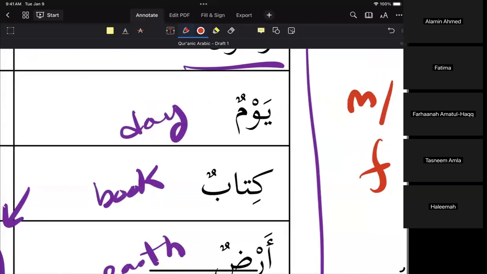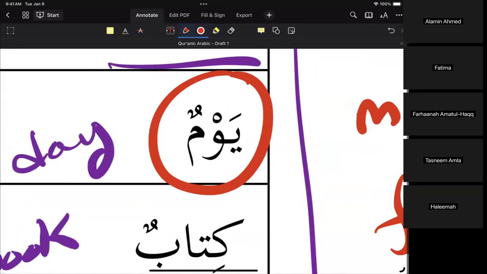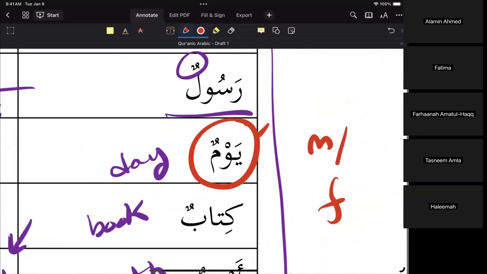Okay, first one is yawmun. Is it masculine or feminine? Another thing to remember, when you say feminine, you need to give me a reason also. Or maybe I will ask you, why do you say it's feminine? I have masculine, I have feminine. So the word yom, which means day.